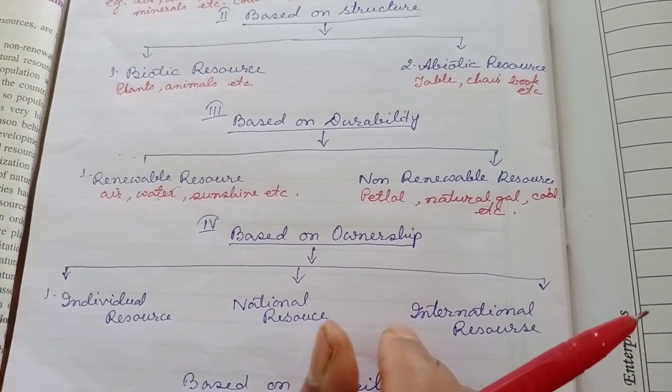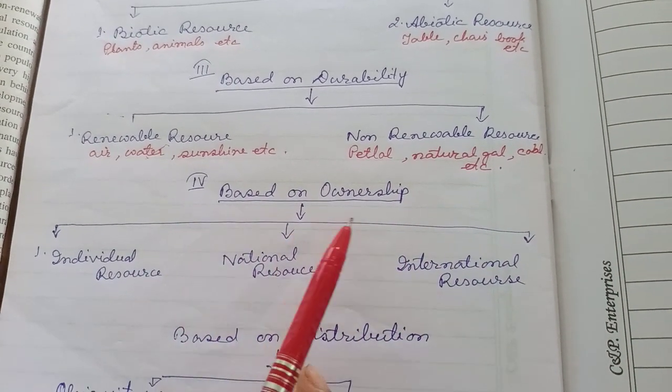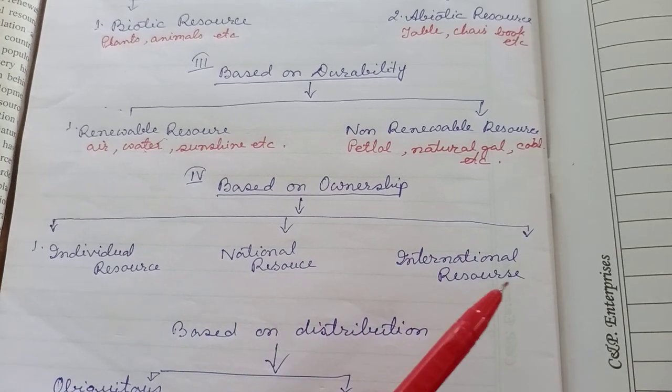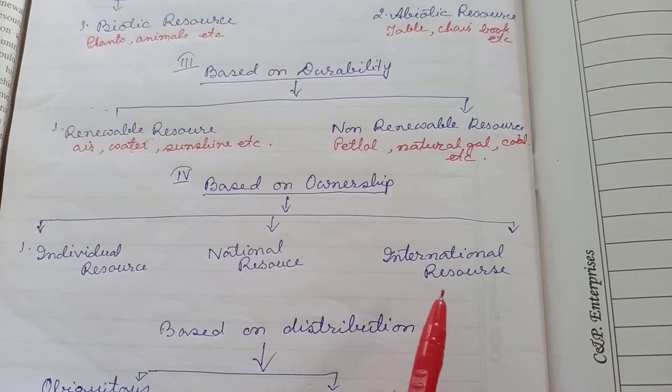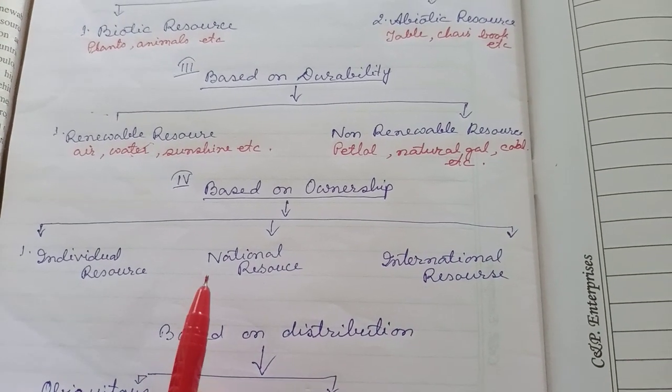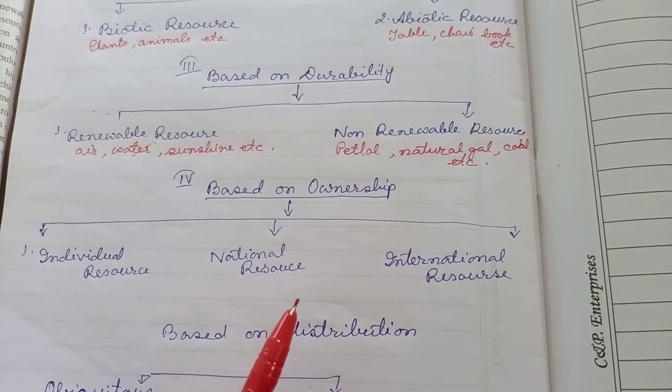Now, you come to the point based on ownership. Based on ownership, natural resources can be divided into three parts: individual resource, national resource, and international resource. Individual resource means a resource which belongs to a particular person.